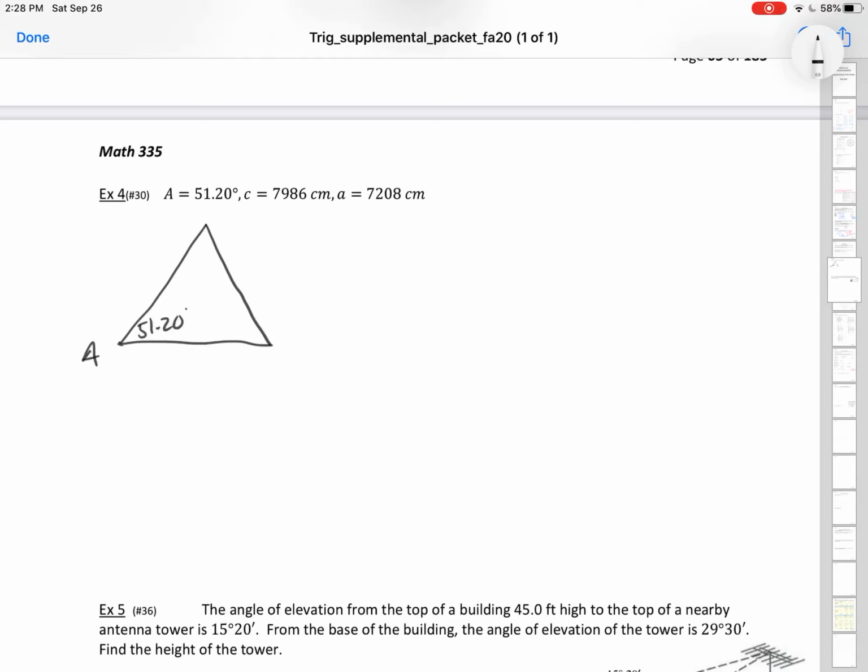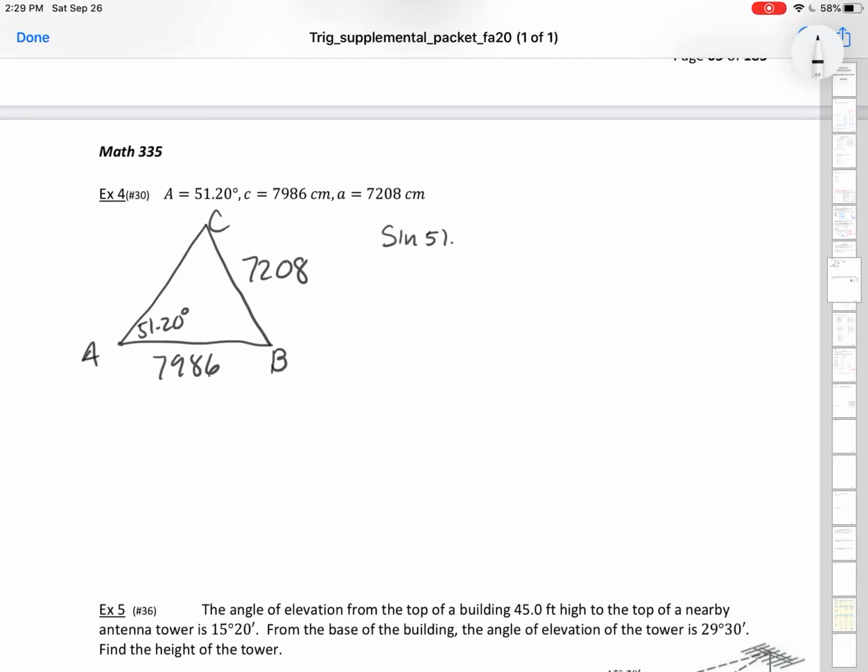A is 51.20 degrees. Little a is 7208 centimeters. Little c is 7986. So again, we know an angle and the side opposite it. And so we're going to start there.